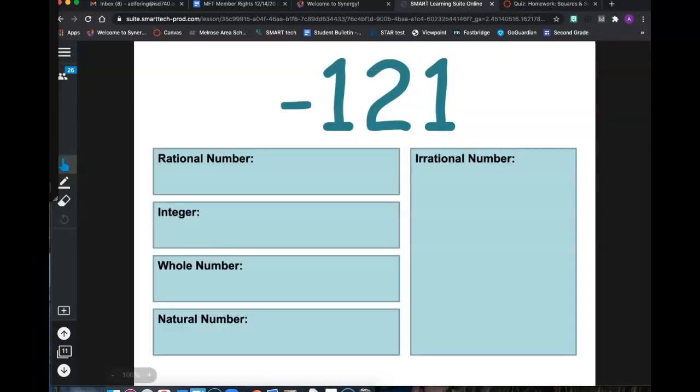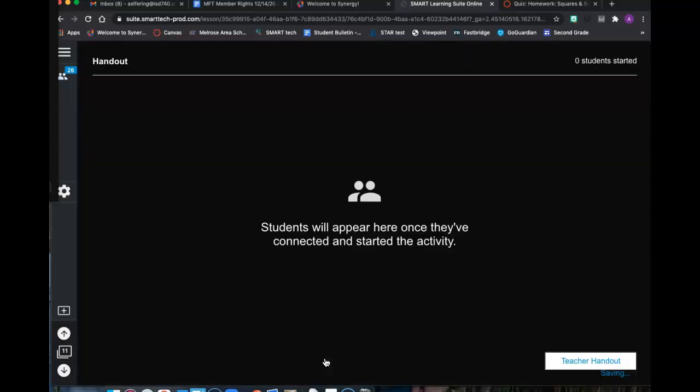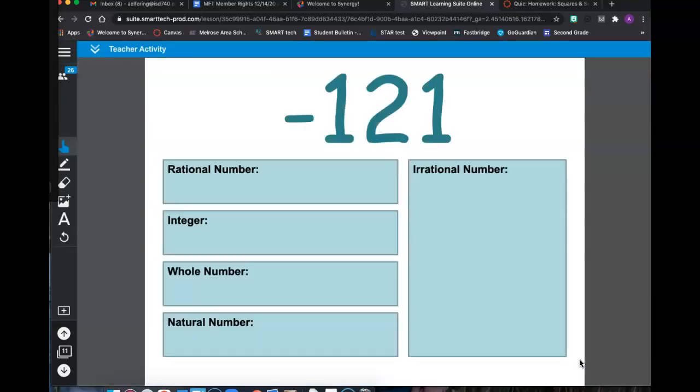Here's the next one. Negative 121. Where would that go? We'll tell you this one only goes in 2 categories.